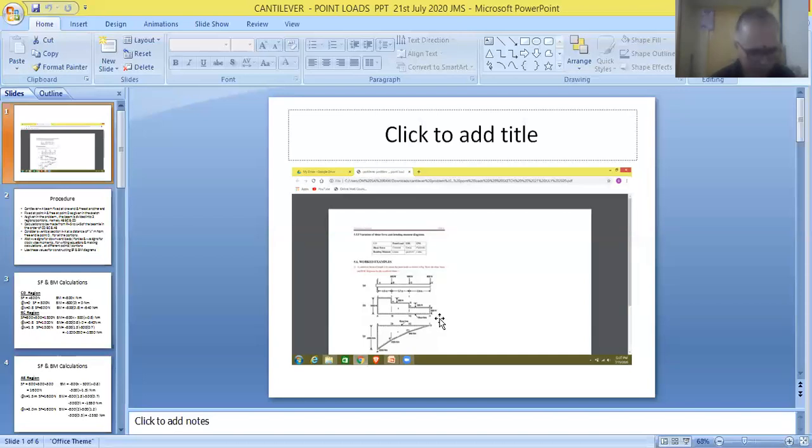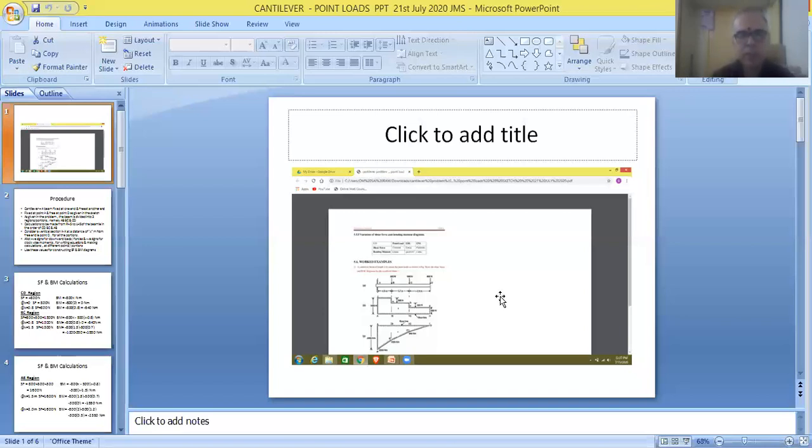Similarly, letter B is used for indicating the force of 300 newtons acting at 0.5 meters from the fixed end. And letter C is used for indicating the load of 500 newtons acting at a distance of 0.8 meters from the free end of the beam.